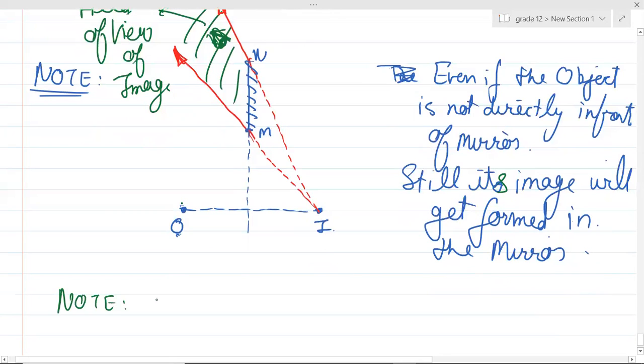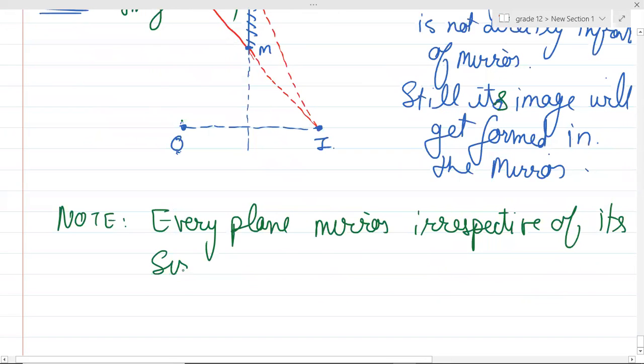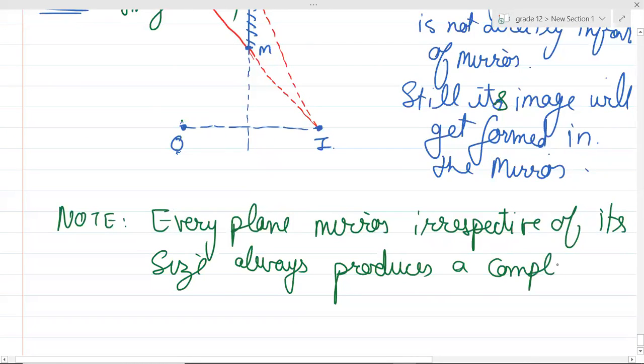So note, every plane mirror, irrespective of its size, always produces a complete image of the object.